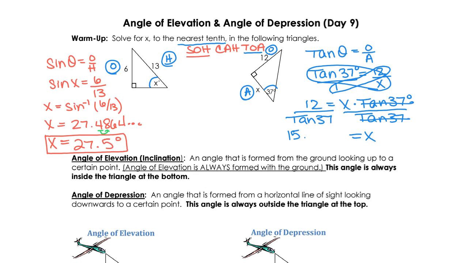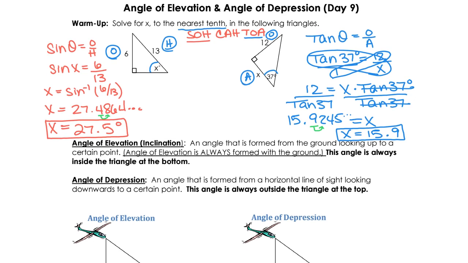Should get 15.9245... To the nearest tenth, the 9 is not going to move, and we will say x equals 15.9. That's not an angle, so no degree symbol. There are no units, so I just don't label it, just like they didn't label their sides.